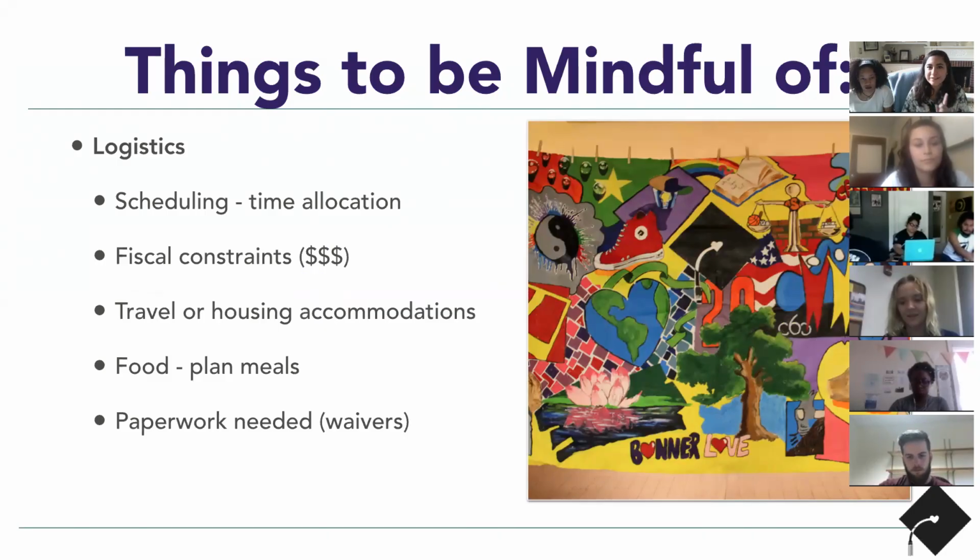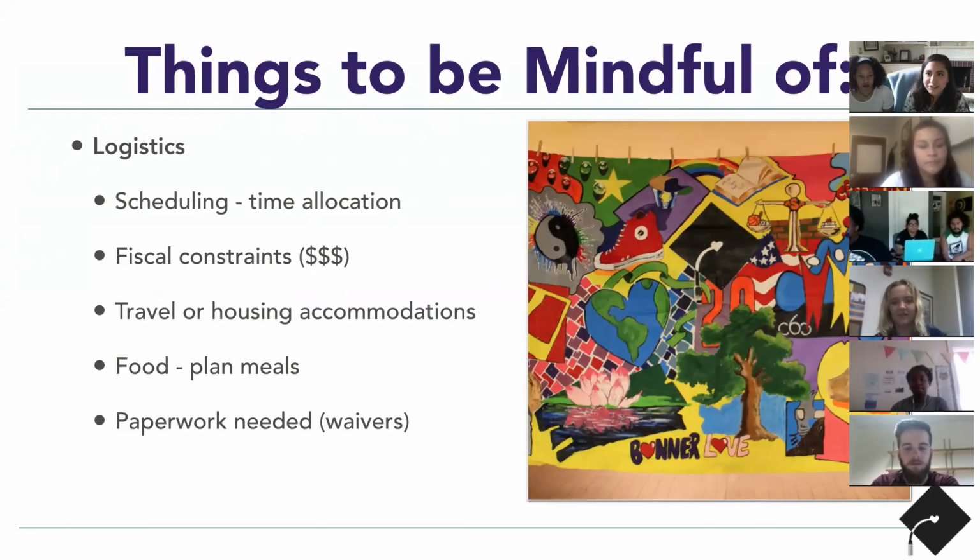Make sure you know what your fiscal constraints are. So get a budget before you start and make sure that you're taking all of the elements of your orientation into consideration when it comes to your pocket. If you are doing anything that's off campus, or if you need to make sure that all of your freshman Bonner students or returning students are in earlier, make sure that you talk to Res Life and get those housing accommodations taken care of, or any travel arrangements that you need to make, or at least meet people halfway with making.